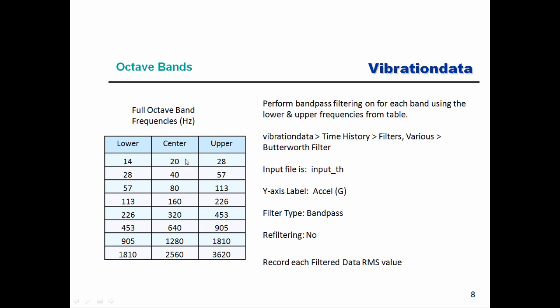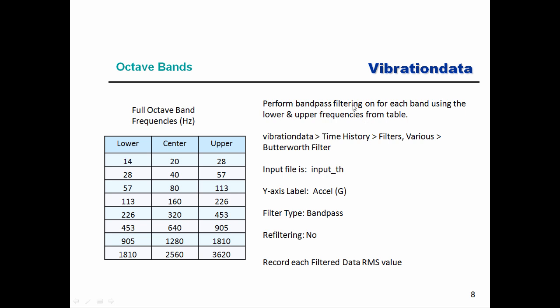But instead of 21 hertz, the center frequency is 20 hertz. The way we calculate center frequencies relative to these two band limits is 20 equals the square root of (14 times 28). So the center frequency, I believe, is also called a geometric center frequency. But anyway, let's continue onward to our filtering.